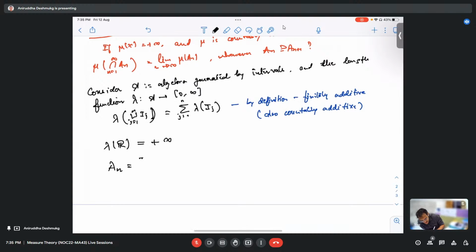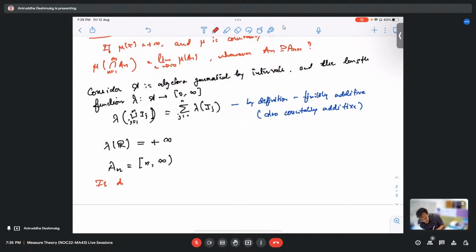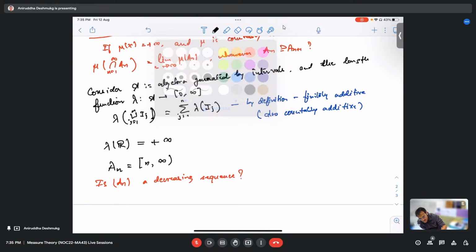Let us consider A_n as the closed interval [n, infinity). So the question is whether A_n is decreasing. That means, can we say that A_n contains A_{n+1}?